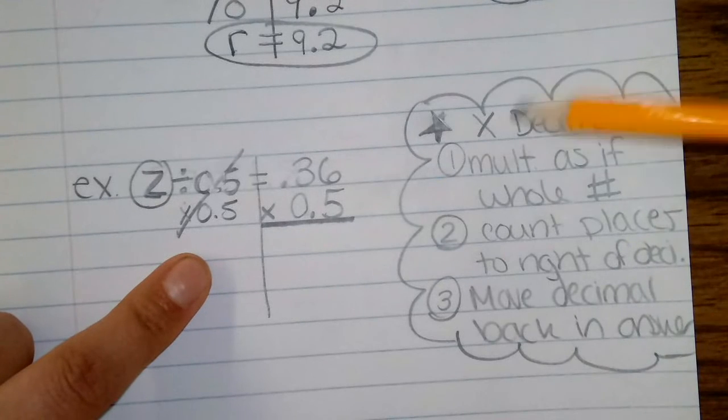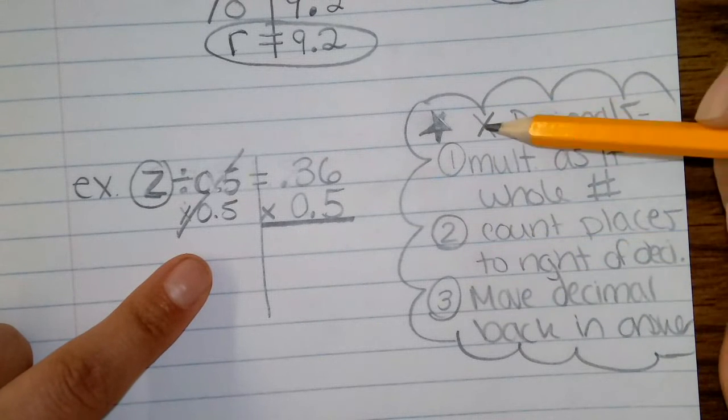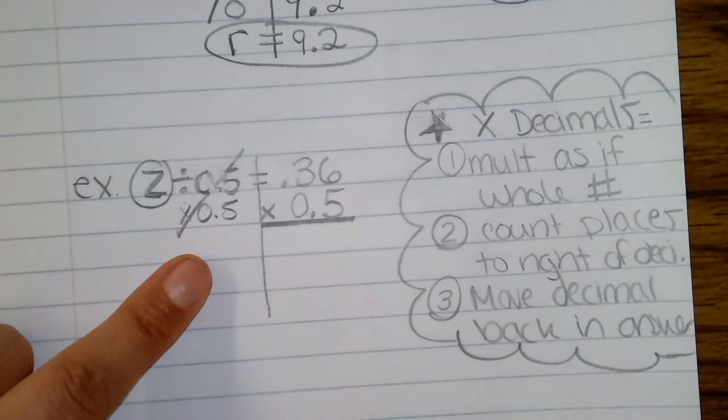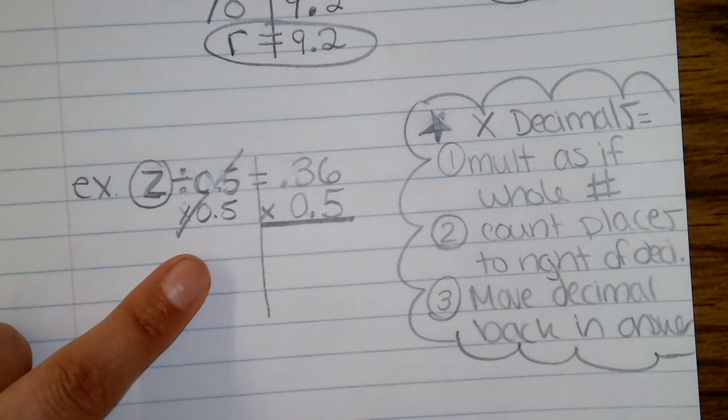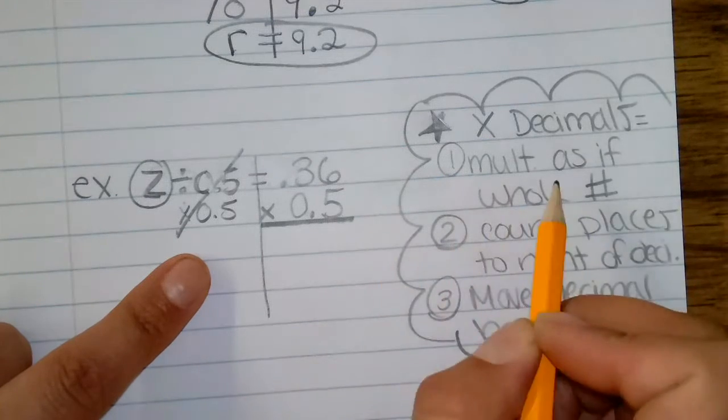If you look over here at my little hint, I put multiplying decimals. You want to make sure that you multiply the number as if it is a whole number. Okay, so multiply as if it's a whole number.